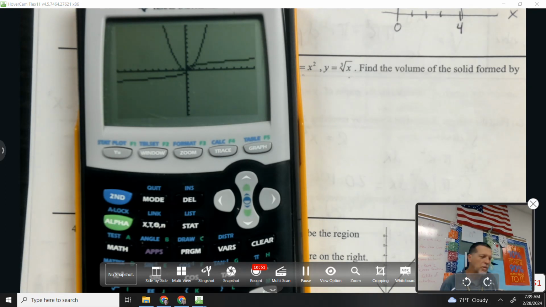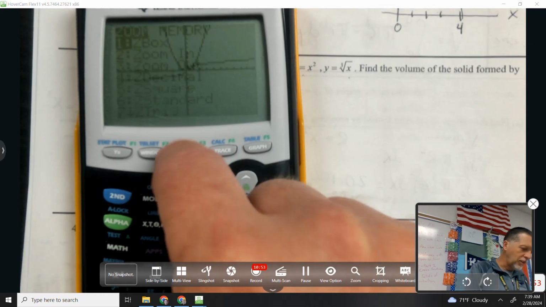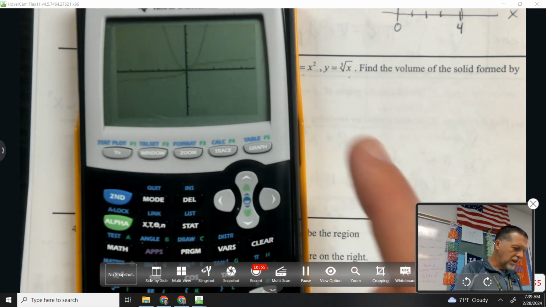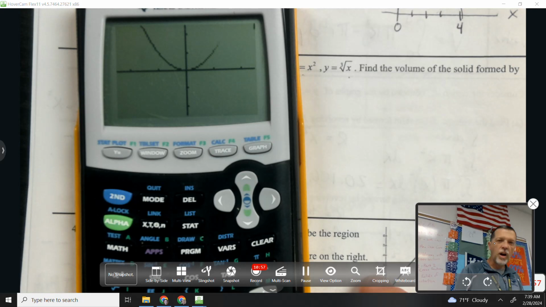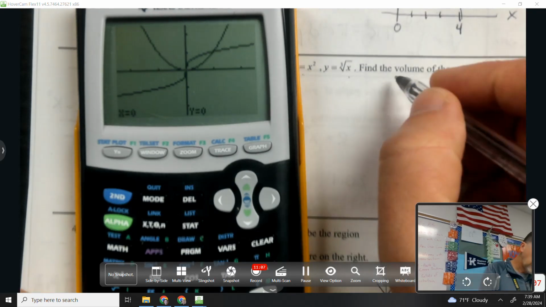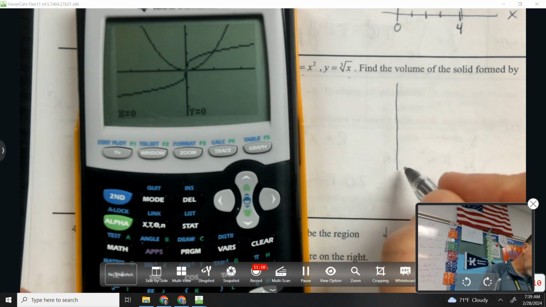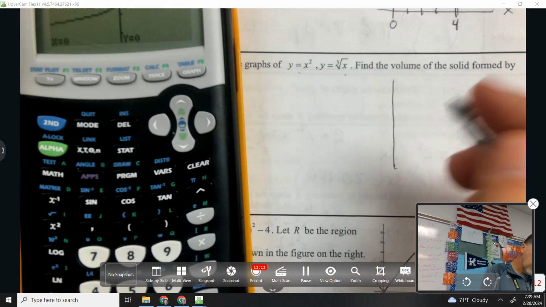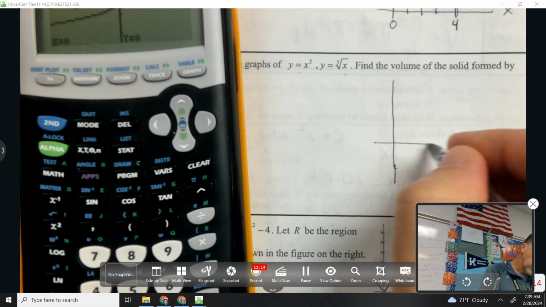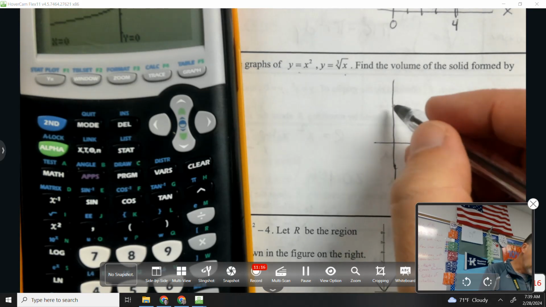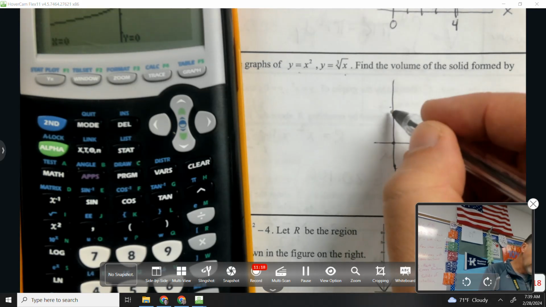Now, if that happened, surely you would think, well, I just need to zoom in and see what's going on. I just opted for the zoom in button, see if that works for me. And I think that's going to be fine to see what we need to see. So we're talking about that little area in there. And so they intersect at 0, 0 and at 1, 1.